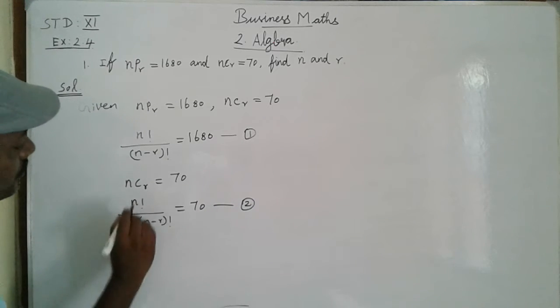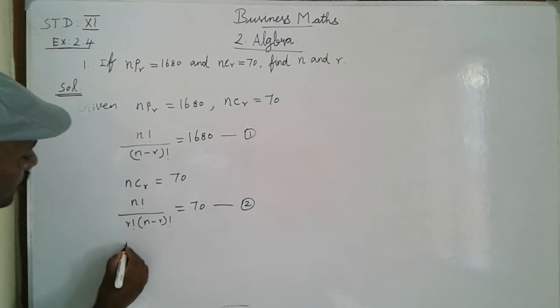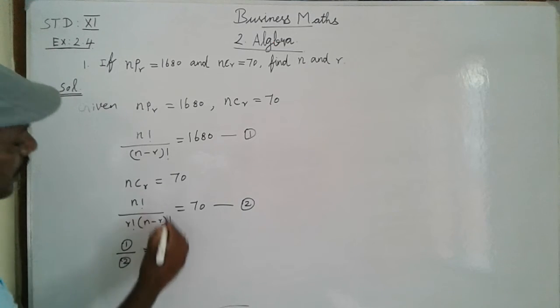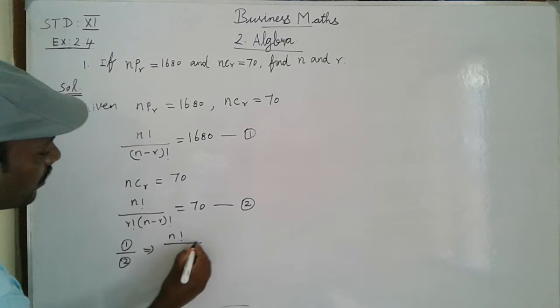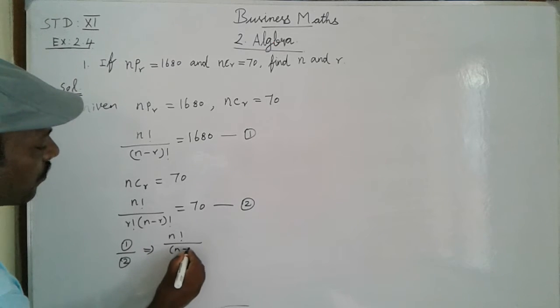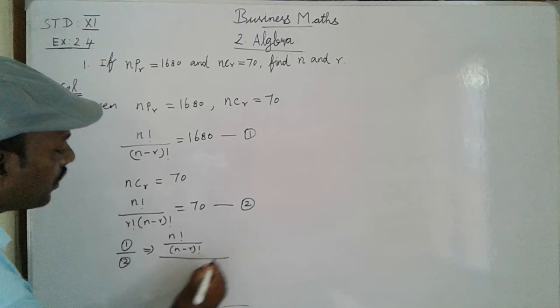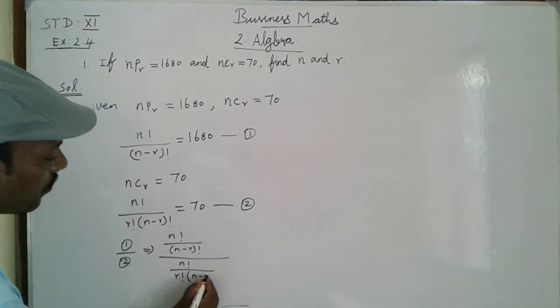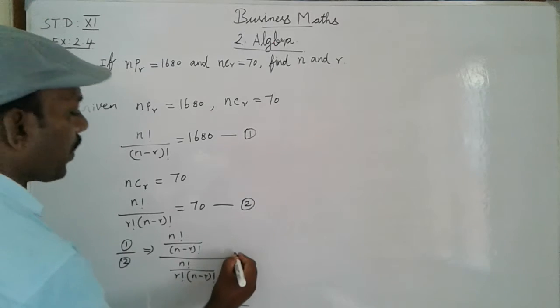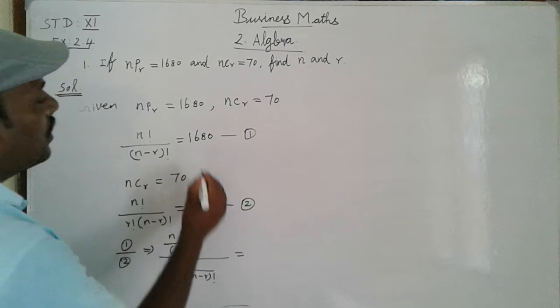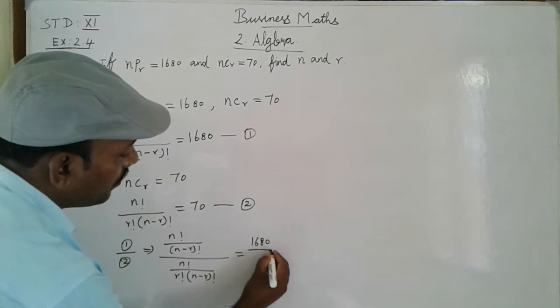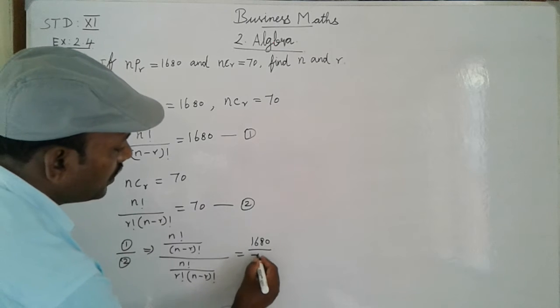We should write 1 divided by 2. So divide n factorial divided by (n minus r) factorial, whole divided by n factorial divided by r factorial into (n minus r) factorial, equal to 1680 divided by 70.